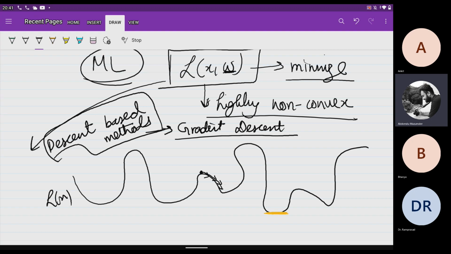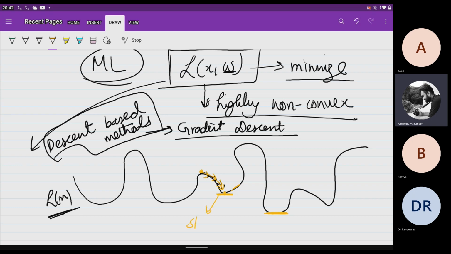So what happens in gradient descent algorithms: if you start from a point and make your descent, once you reach some kind of minima or some inflection point, you won't be able to move upward. It basically doesn't move upward, so it gets stuck in a local minima.